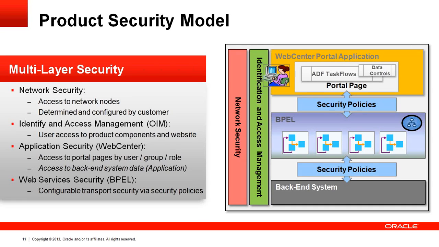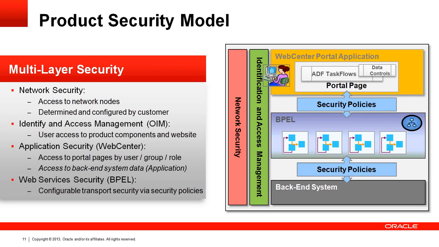The third layer is the actual application security. This is based on Web Center. This is where we decide, once the user is authenticated, what the user can actually see on the website. Currently, it's done by setting security on a page level.